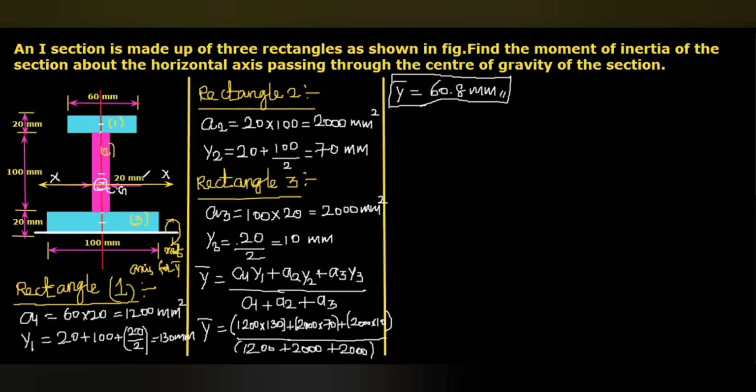So here, first to calculate the moment of inertia of the entire section with respect to the x axis, we are going to do the same calculation for each rectangle. Okay. First, for rectangle 1, that is the moment of inertia of rectangle 1 about an axis passing through its center of gravity.